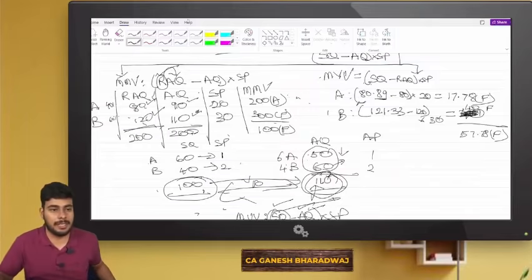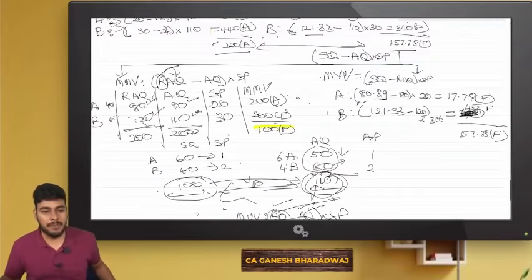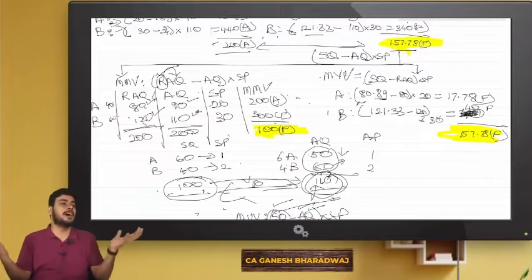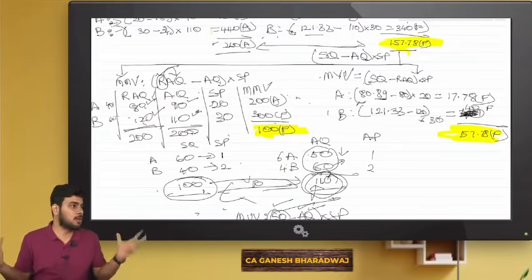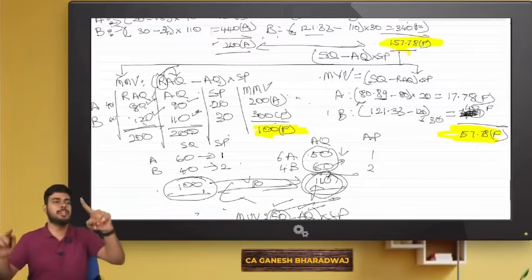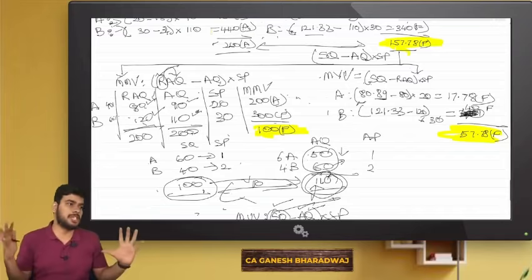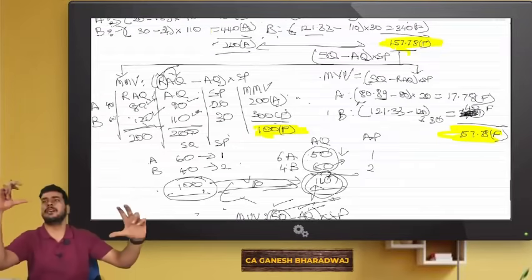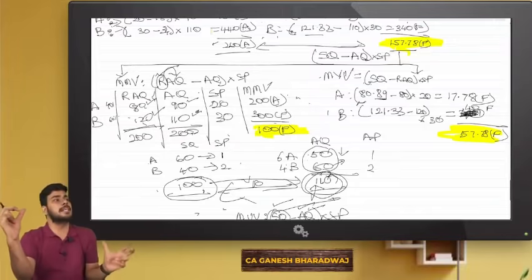Correct or not? Look at this. If you add your material mix variance and your material yield variance, you are getting your usage variance. Correct, guys? It is that simple. What you need to do is know the logic for material cost variance, material price variance, material usage variance, and material mix variance.